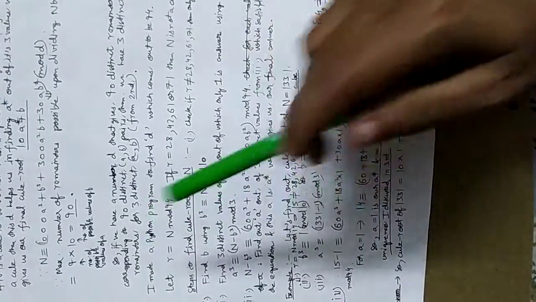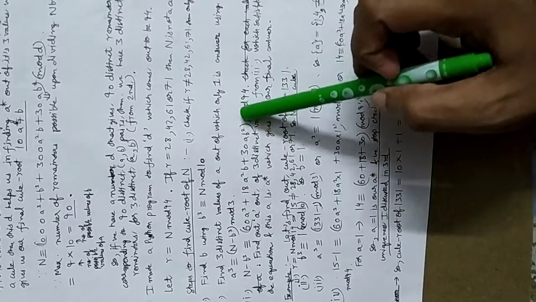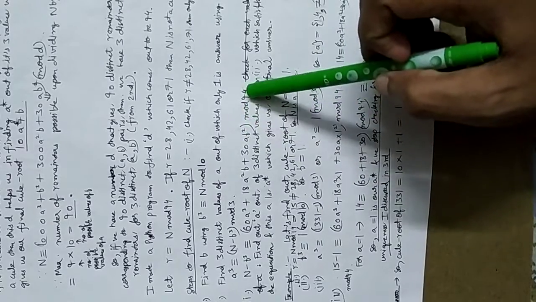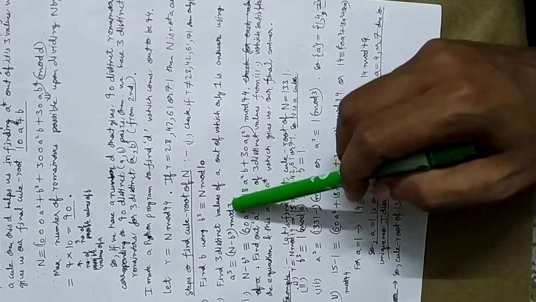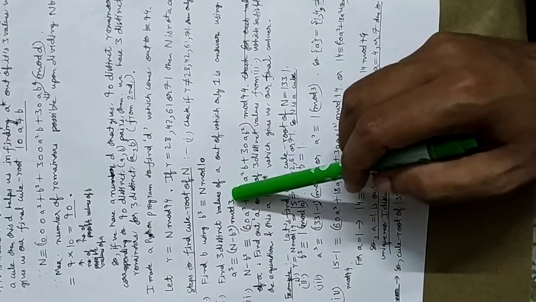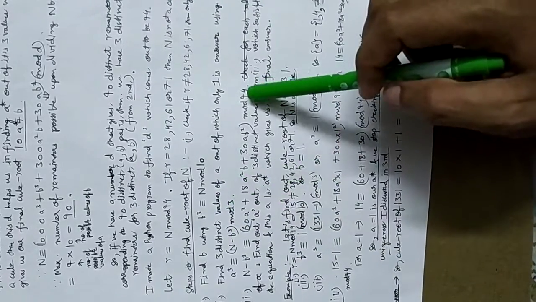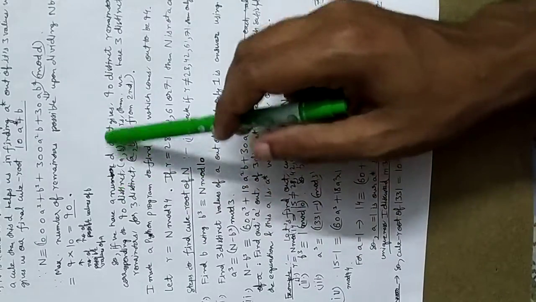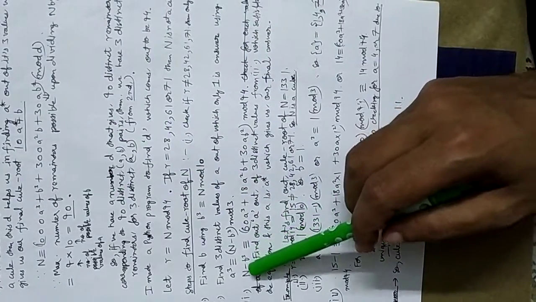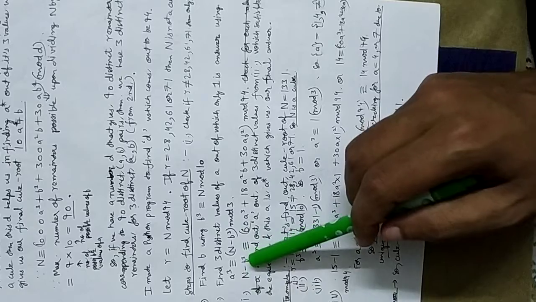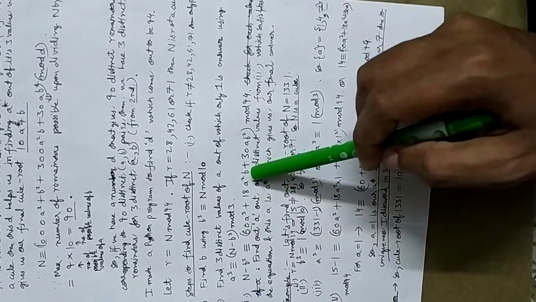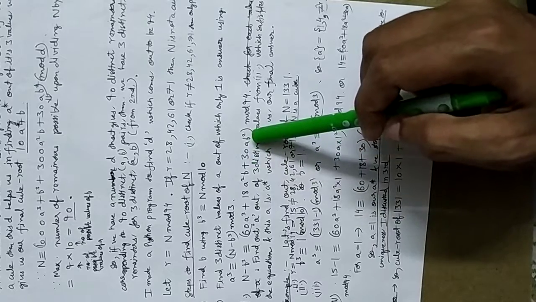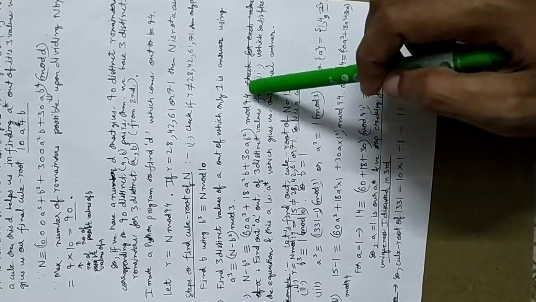Our fourth step would be division by 94. So similarly, as in the second step we have used modulo 3, we will use modulo 94 as discussed above. So on shifting b to the left, we get n minus b cube congruent to 60 a cube plus 18 a square b plus 30 a b square mod 94.